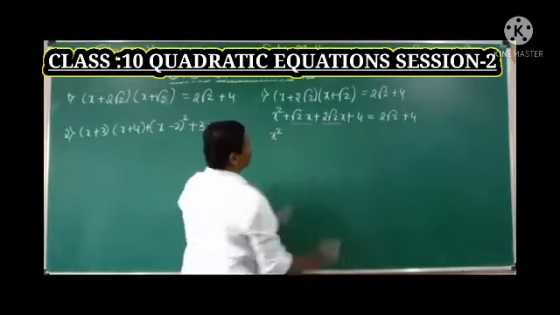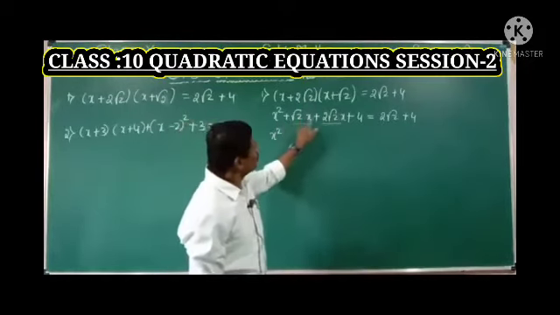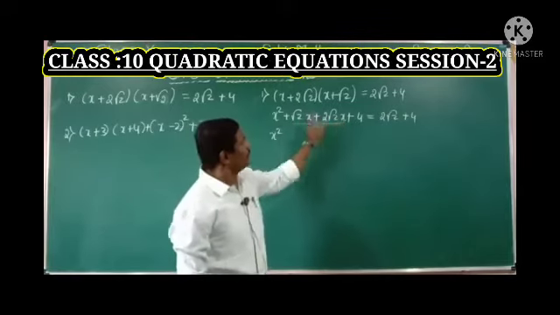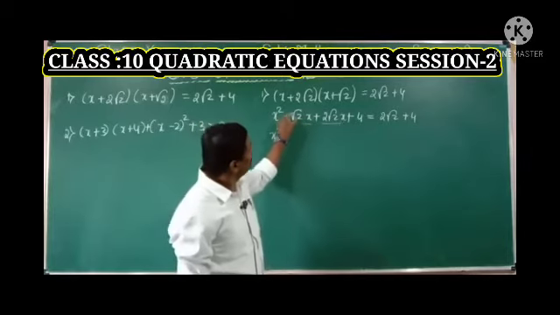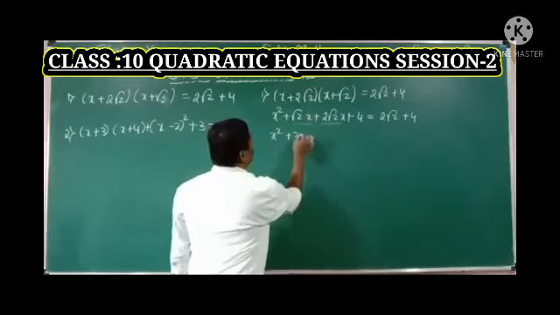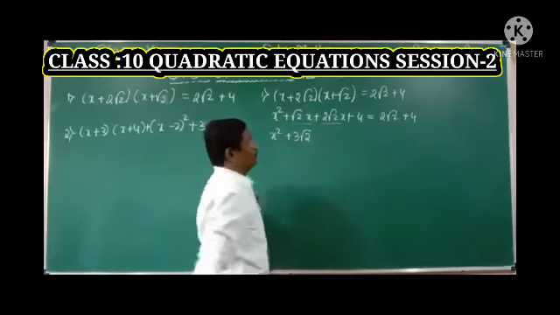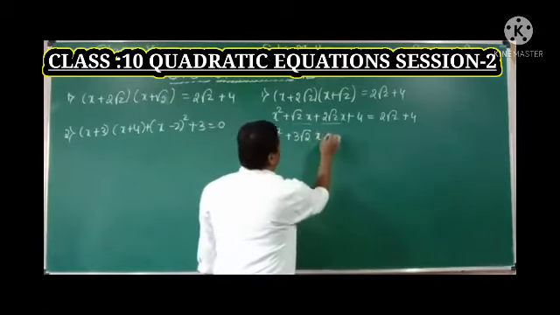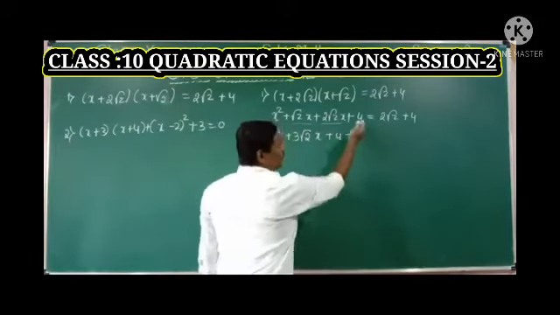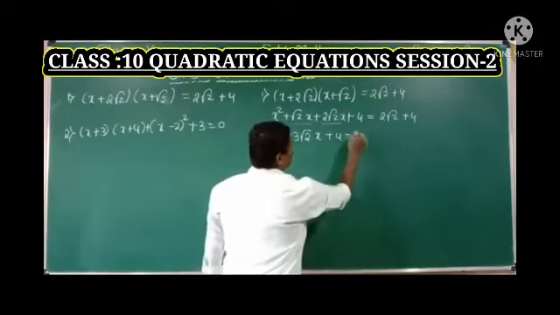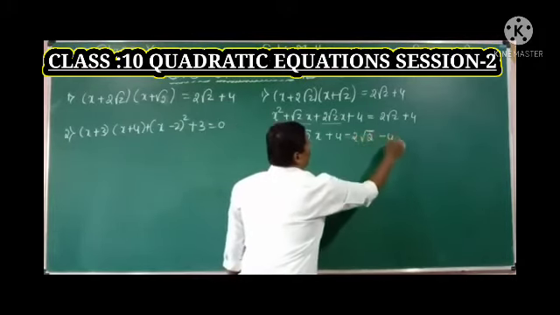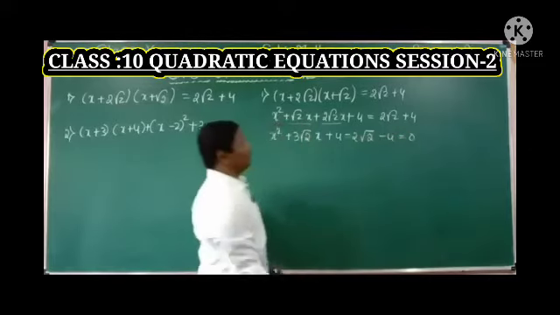First compare these two x terms, root 2x plus 2 root 2x. Add these two terms, root 2x plus 2 root 2x, 3 root 2x, plus 4, which is equal to, or directly take the RHS part to LHS part, it becomes minus 2 root 2 minus 4 which is equal to 0.